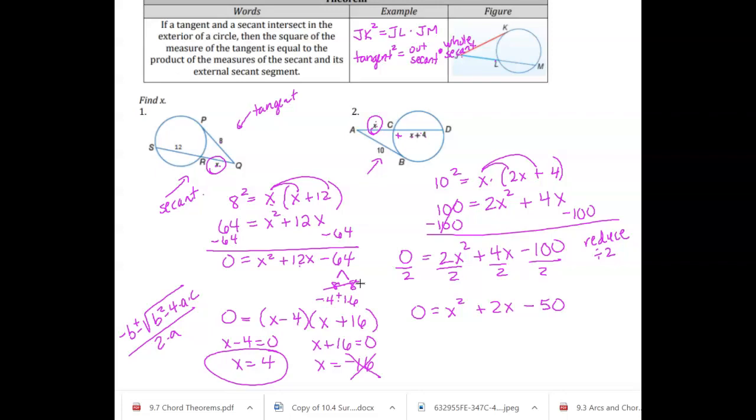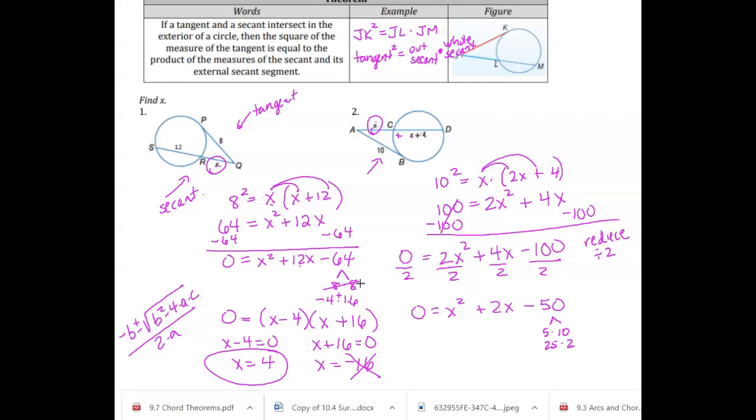All right, and now I need the factors of 50 that will give me 2. I know 5 times 10, but if I add, I get 15. If I subtract, I get 5. I want a 2. 25 times 2. So if I add, I get 27. If I subtract, I get 23.